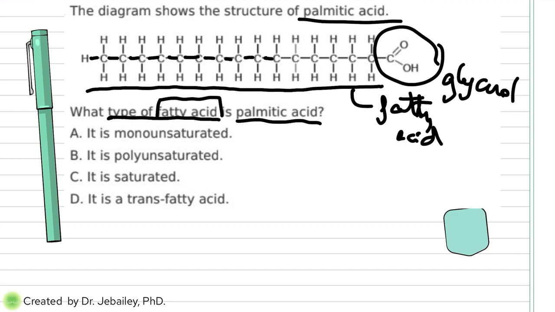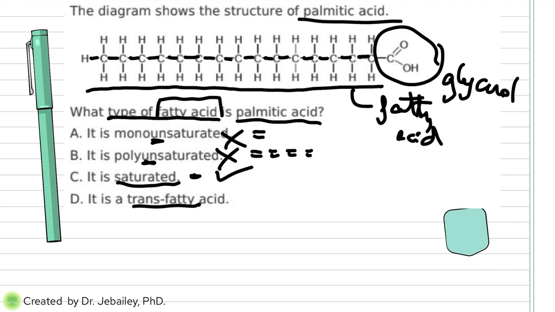And I can see that all of them are single. There are no double bonds. If there are no double bonds, that means it cannot be mono or polyunsaturated, because the word monounsaturated here means this has 1 double bond. Poly means you can have 2, 3, 4, 5, whatever many bonds. Saturated here necessarily means that there are only single bonds, so C most likely to be.